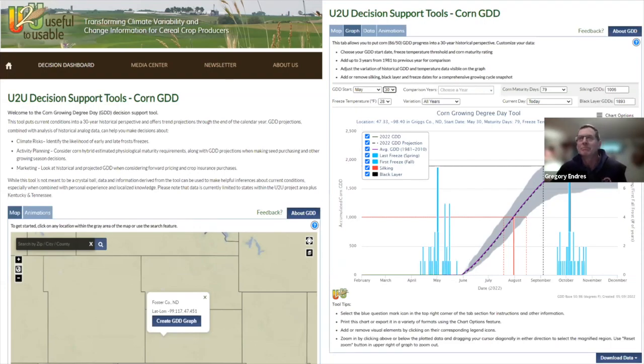Maybe you need to back off a little bit, or heaven forbid that we actually have time left over in the season for a little longer maturing hybrid. So a couple examples of where it might be useful, but check it out. I think you'll come up with some practical uses for this. It's not exact, but it'll give you a very nice aid in making decisions you need for management during the season.